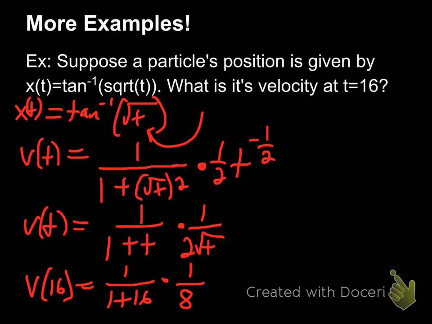Okay, and then what is, let's see, 17 times 8 gives me 1 over... No, just kidding. I was thinking of 7. Right, 1 over 136, and that's it. So that's the velocity. It's moving pretty slow. Of course, we have no units on this problem, so we don't really know. Maybe it's 1 over 136 light years per year. No, wait, that doesn't work.